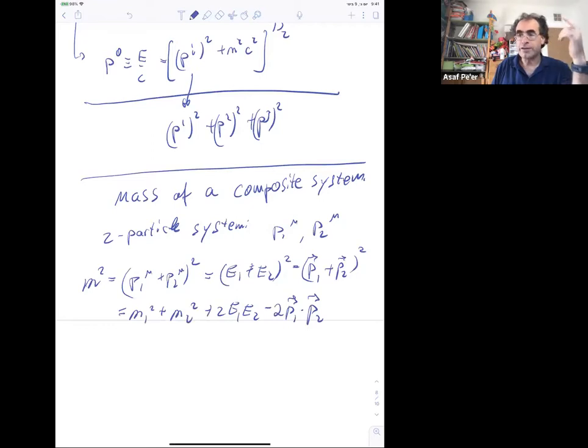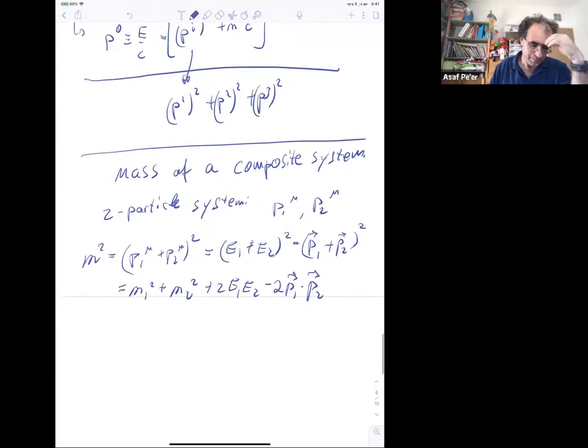So in particle physics, mass is not conserved. The mass of a system is not equal to a simple summation of the masses of the 2 particles composing it.